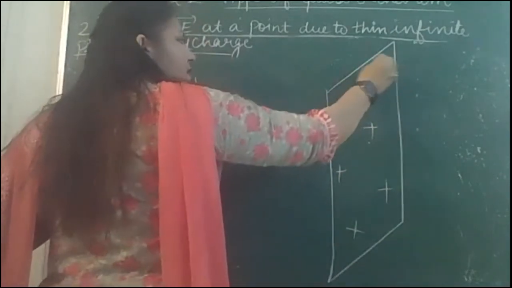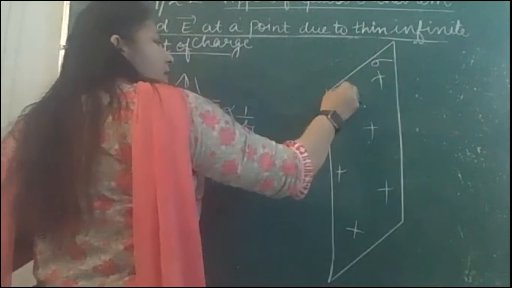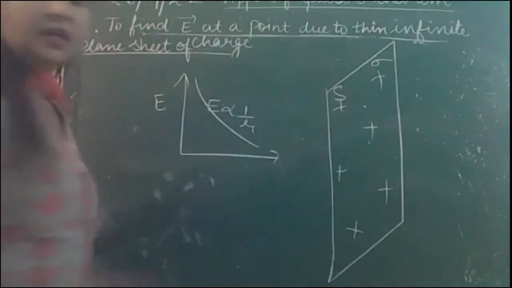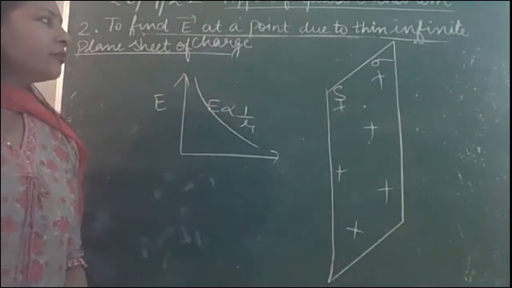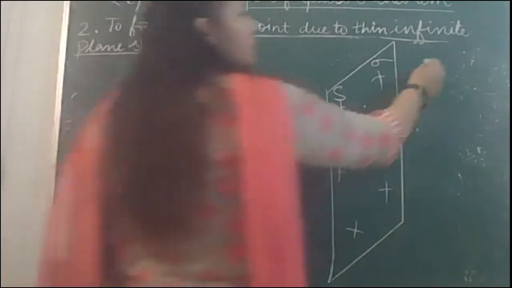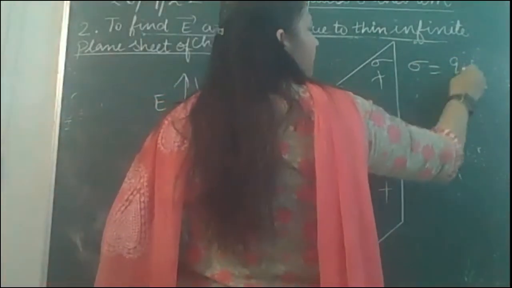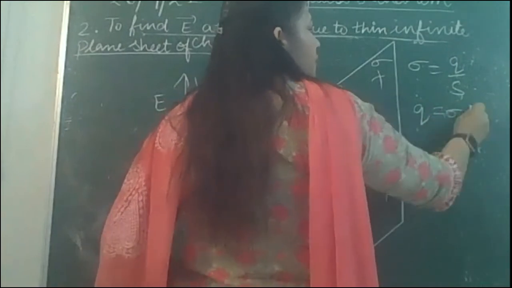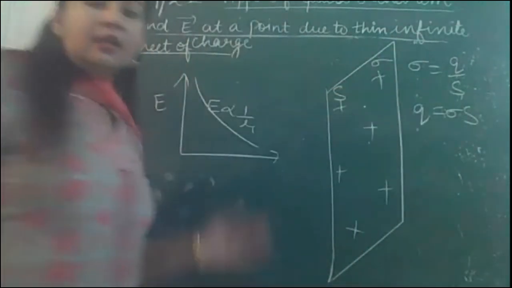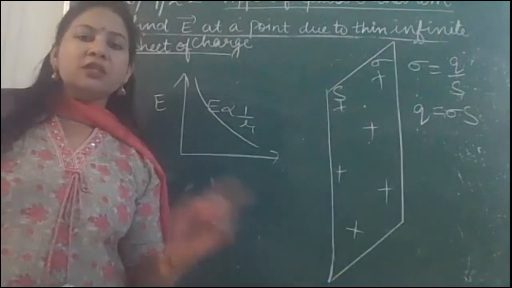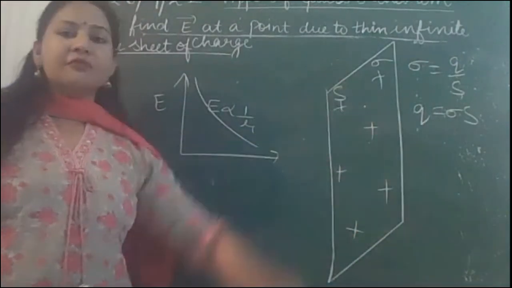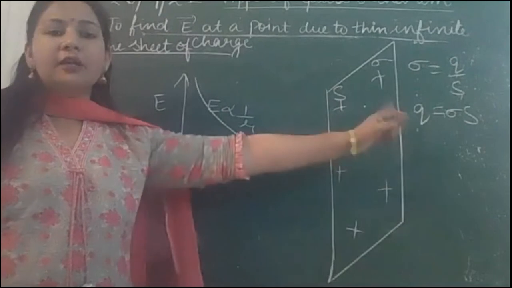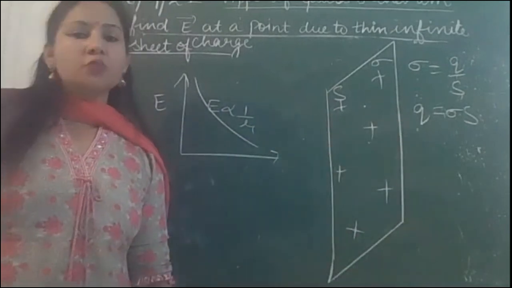It has some surface charge density sigma and its surface area is S. How can we write sigma? Sigma is charge per unit area. So cross multiplying, we substitute Q is equal to sigma S. Like in the previous article, we substituted Q is lambda L. Here, in terms of surface charge density sigma, we write Q is equal to sigma into S.